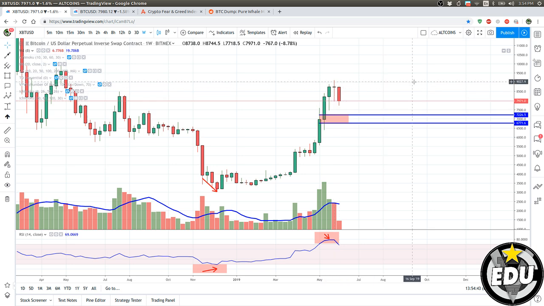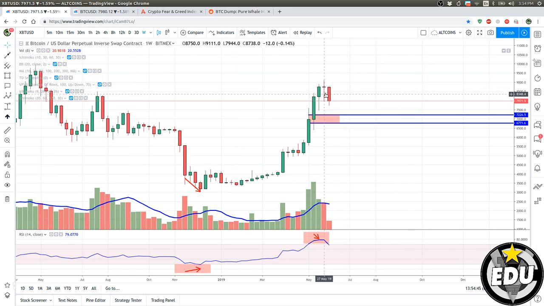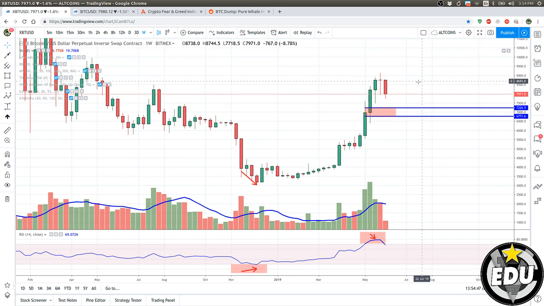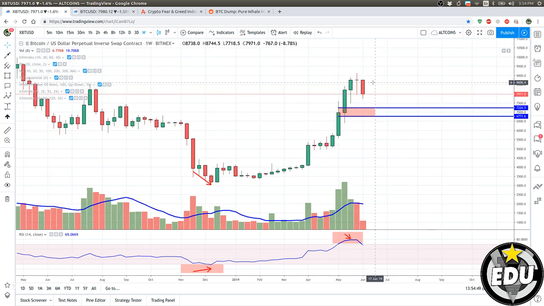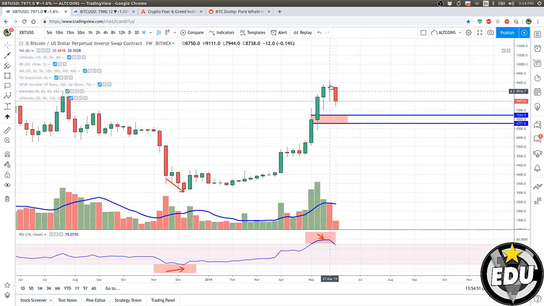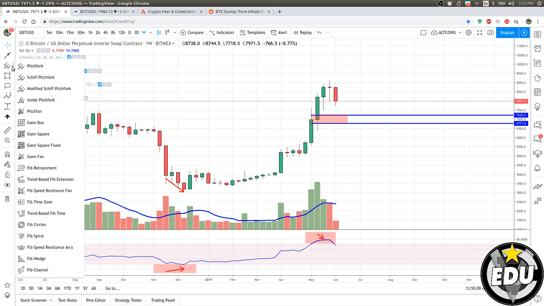We have a spinning top, almost a massive doji, indicating indecision, so people don't know what to do. It's followed by a red candle, which means maybe they're deciding to sell. So let's keep an eye on that 7268.